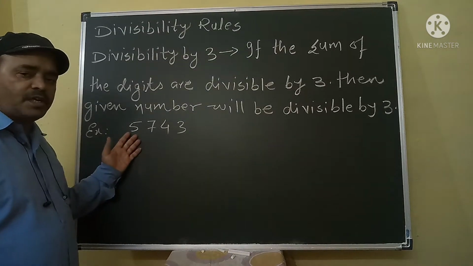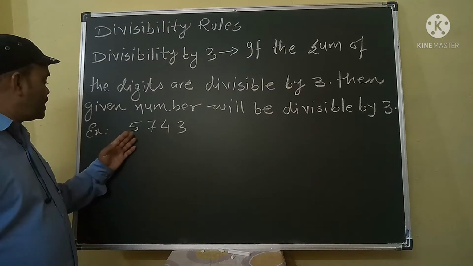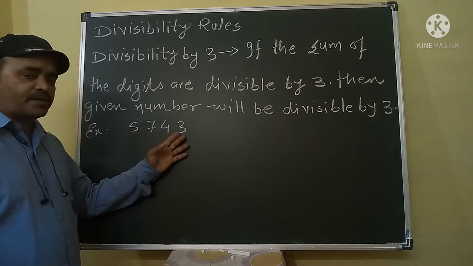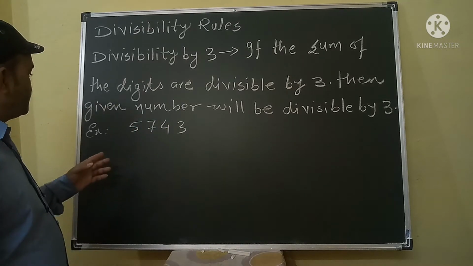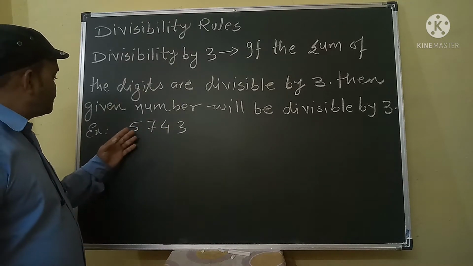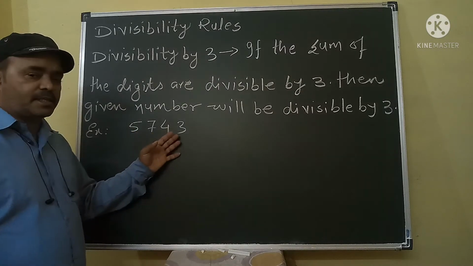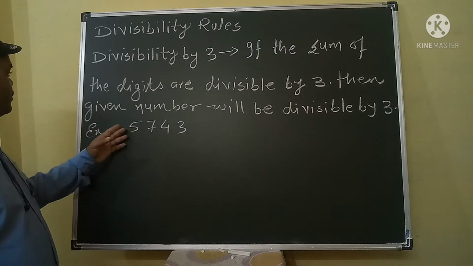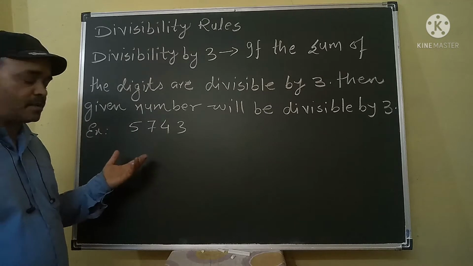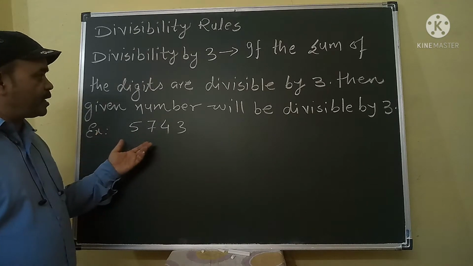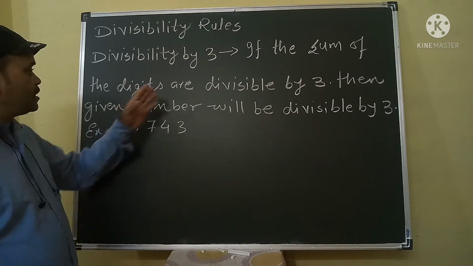Now you have one more number, 5743, and you want to check whether 5743 will be divisible by 3 or not. So we will apply the same procedure.